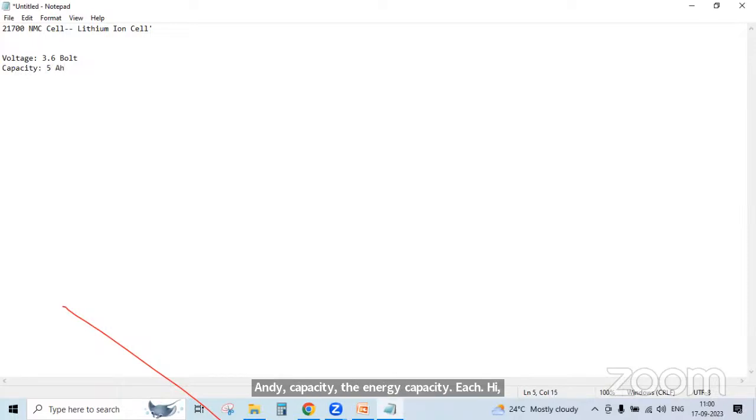I have to make a battery pack, for example a 48 volt system. So this is the cell capacity we have, and on the basis of that we have to make a battery pack.